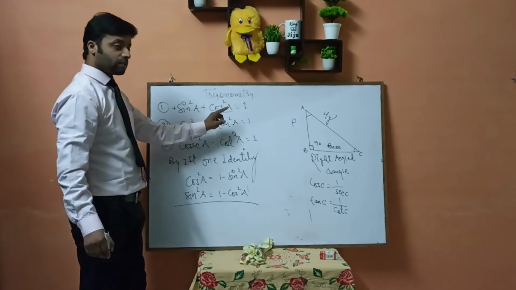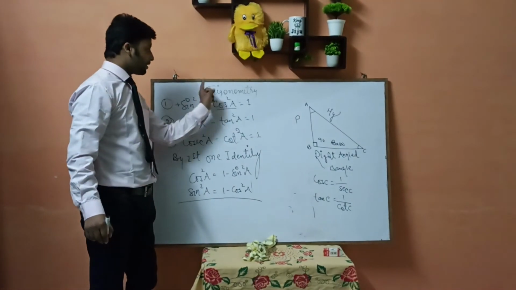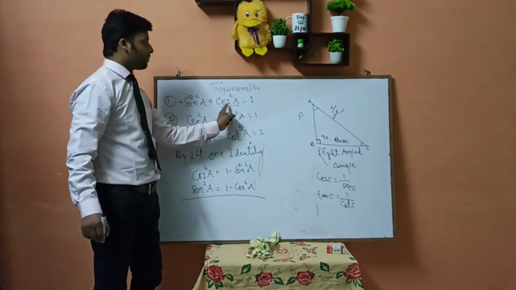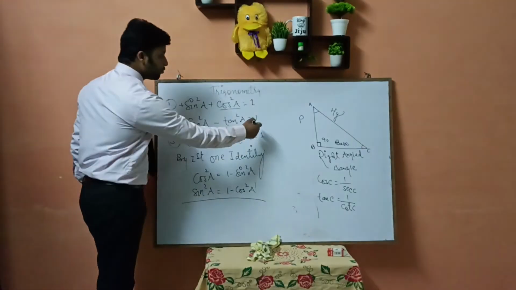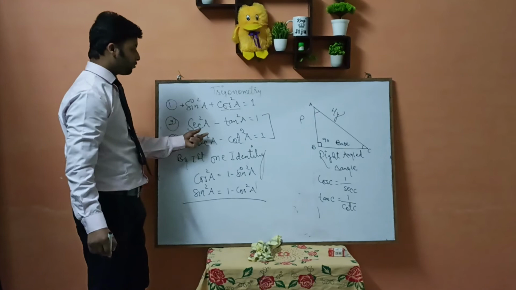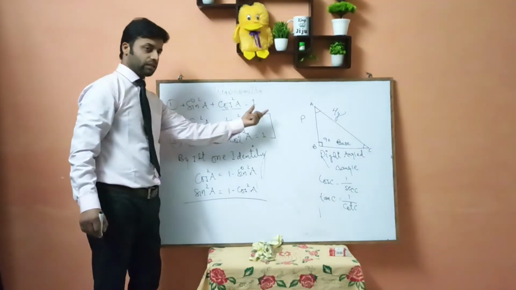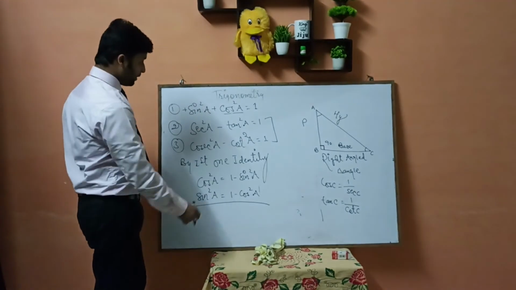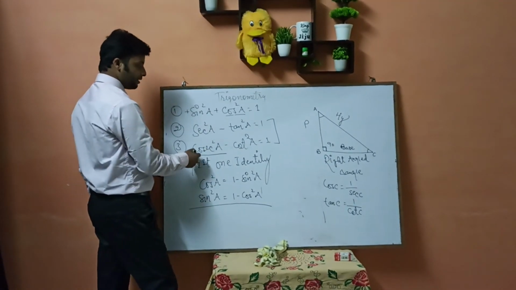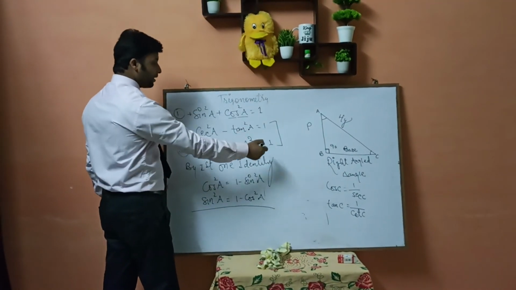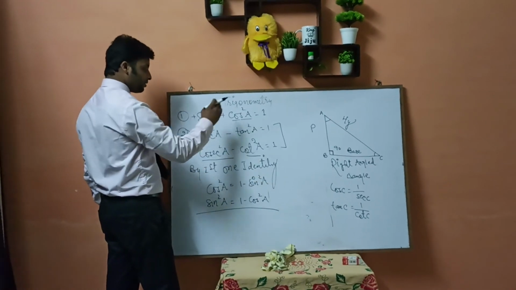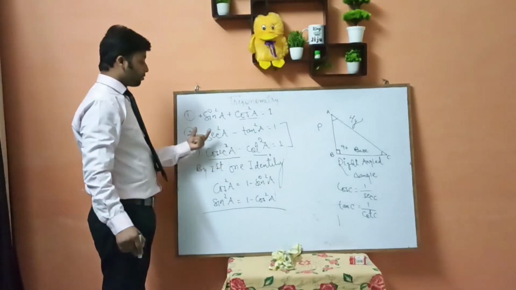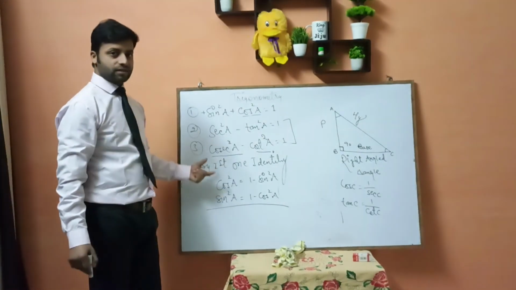So we have just converted cos square a equal 1 minus sin square a into sin square a equal 1 minus cos square a. We have two more values: sec square a in the form of tan square a and tan square a in the form of sec square a. Again, cosec square a in the form of cot square a, and similarly cot square a in the form of cosec square a. So okay students, I hope that you have understood. Thank you.